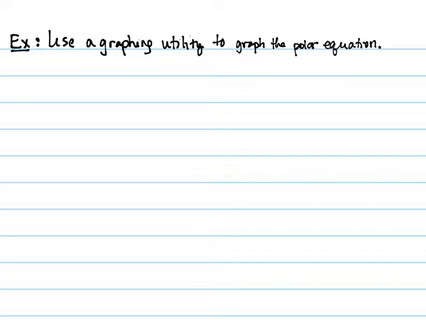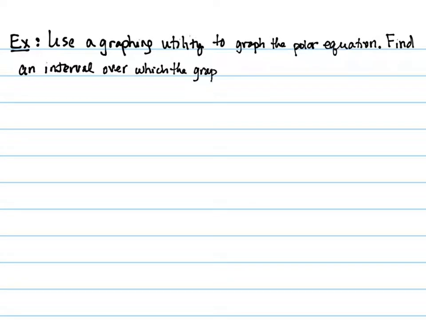As we're doing that, we're going to have to do the next part by default anyway. We're going to have to find an interval over which the graph is traced exactly or only once.